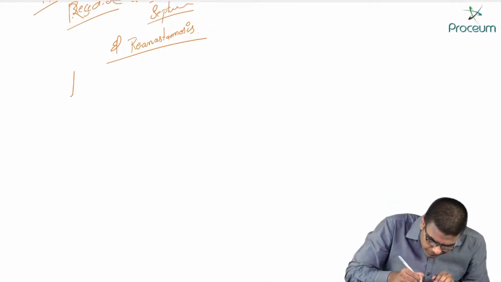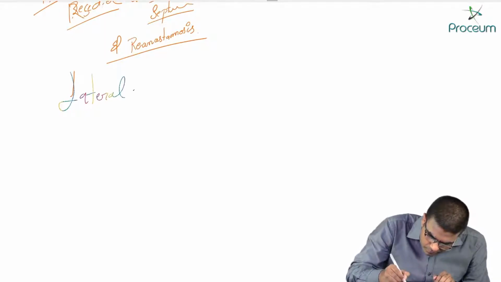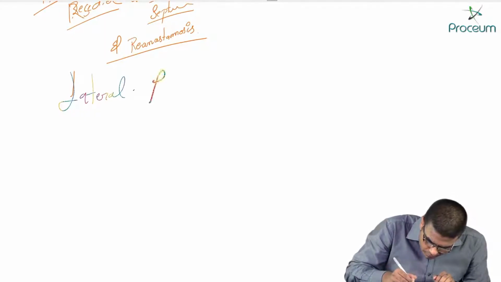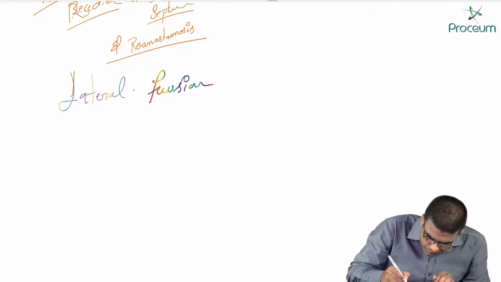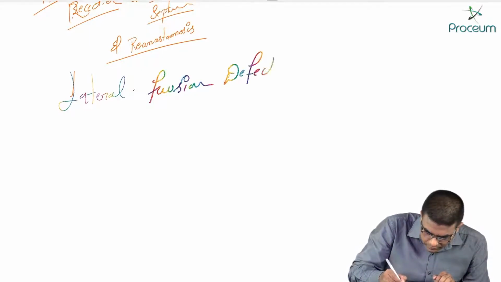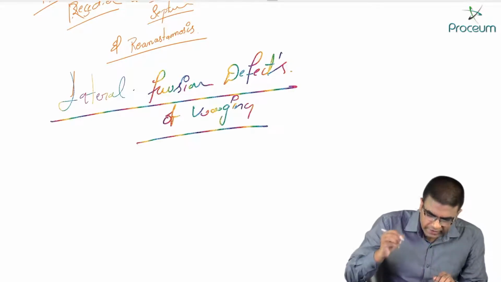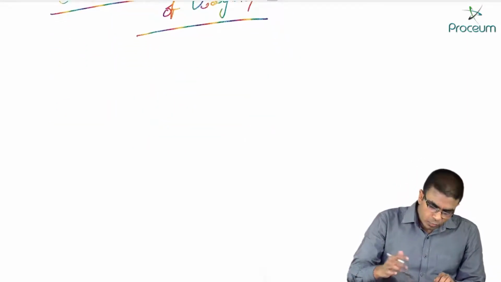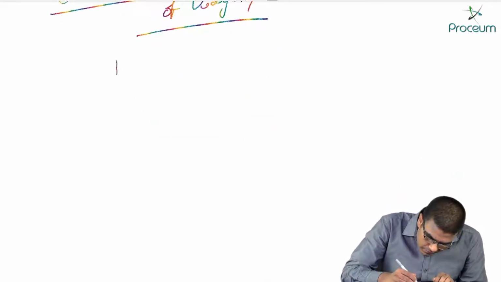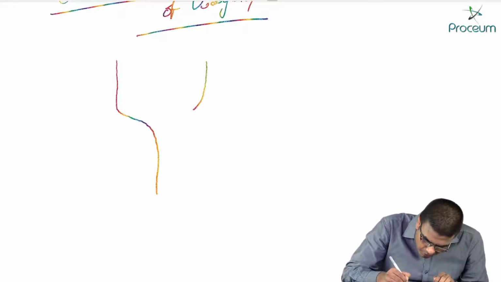Please concentrate. So, what exactly are lateral fusion defects of the vagina? Now, this is one Mullerian duct and this is the other Mullerian duct.